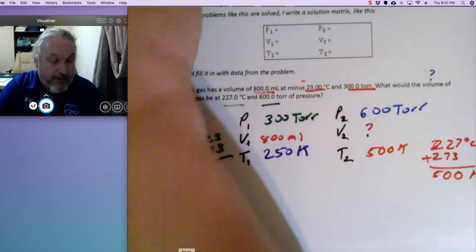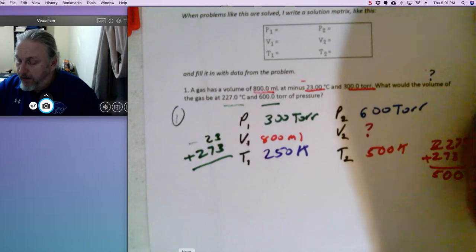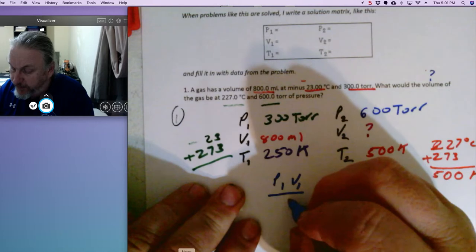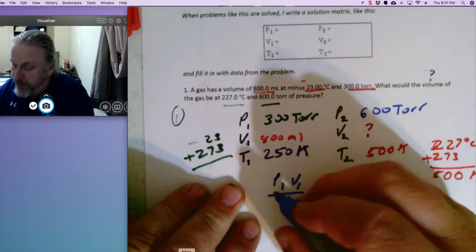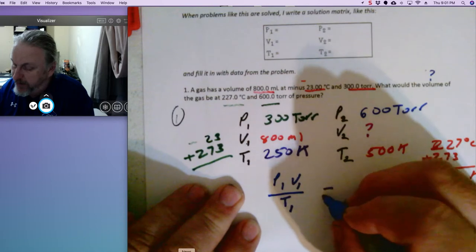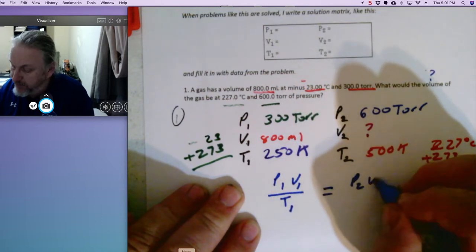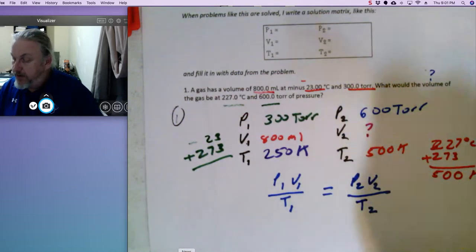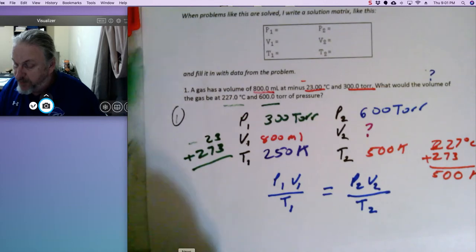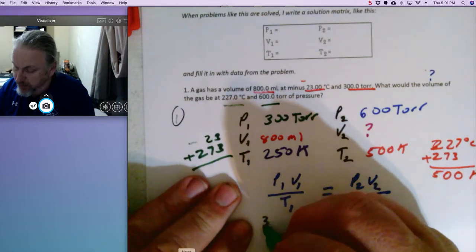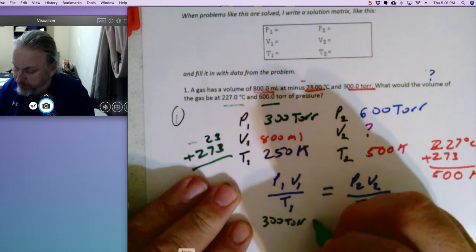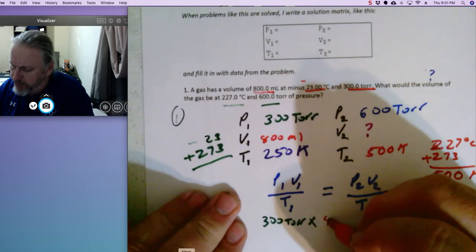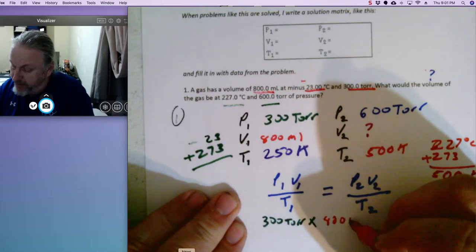Second step, let's write our problem down. Our combined gas law is we're really just combining each of those three laws into one. So it's P1 V1 divided by T1 equals P2 V2 divided by T2. Okay, so now we're ready to start putting some things in. Let's put that first pressure in, 300 torr. I like using units because it lets me make sure that I'm going to be able to cancel those out as needed, times 800 milliliters.